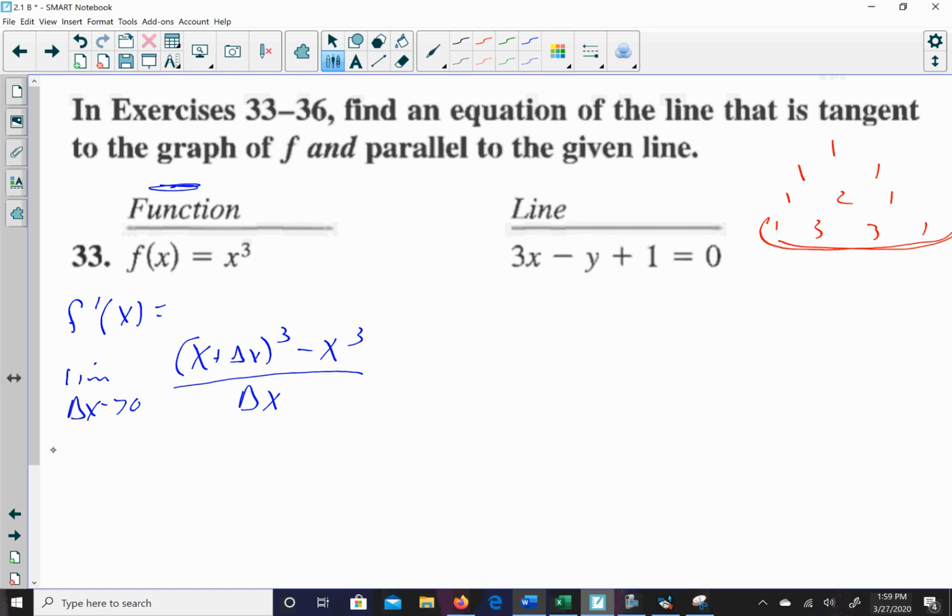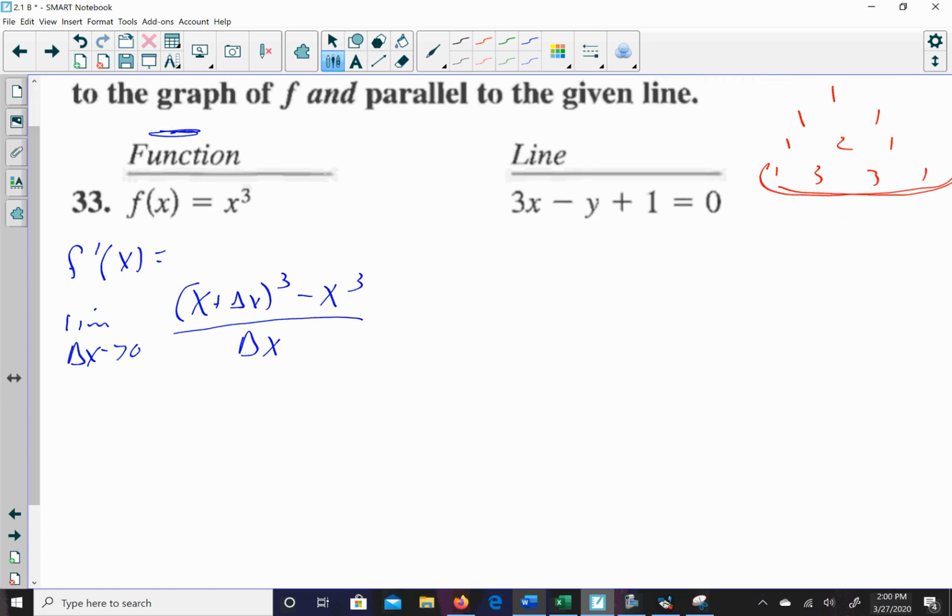And I'm going to make that table, and I'll do that over here while I'm here. And then this will be my x, this will be my delta x, and we start off with delta x to the third. This should look familiar to you, yes? I hope so. That's the third.